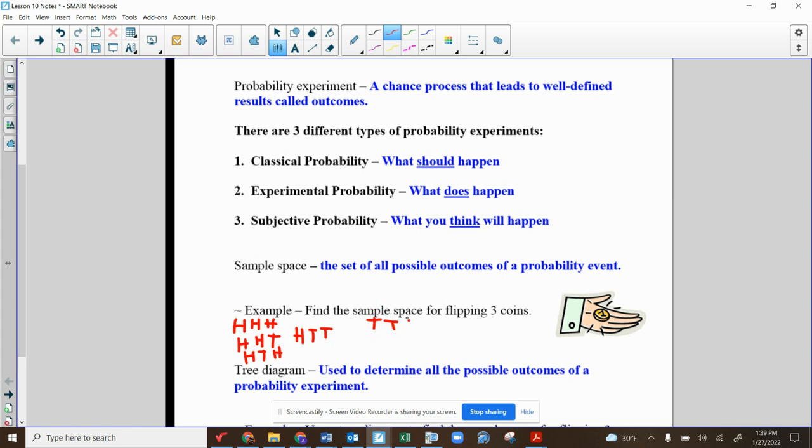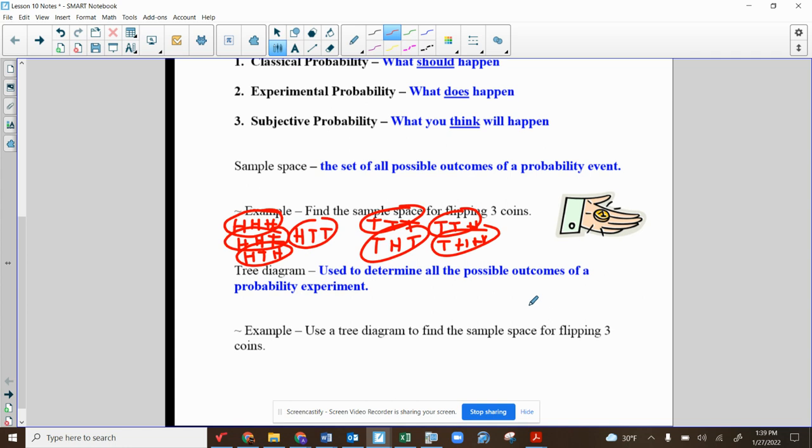Getting tails first, heads in the middle, heads at the end, or tails and then 2 heads. So that would be all of the possibilities. So 1, 2, 3, 4, 5, 6, 7, 8. So it'd be 8 of those.